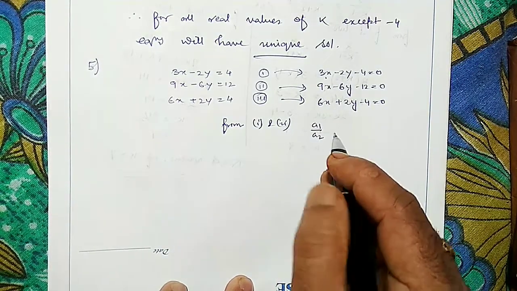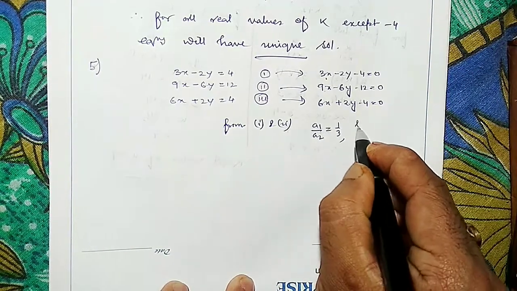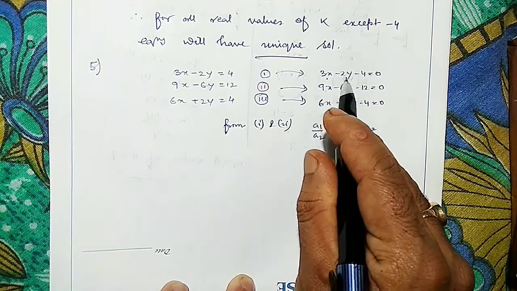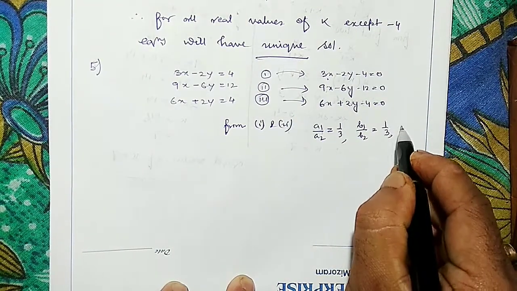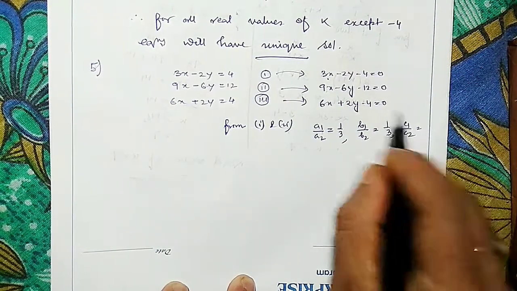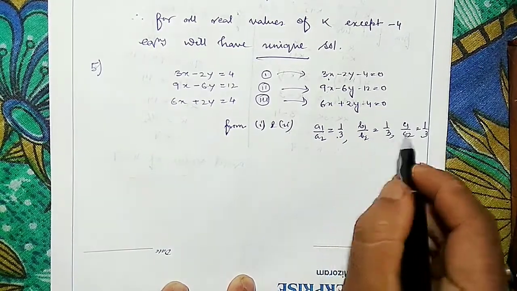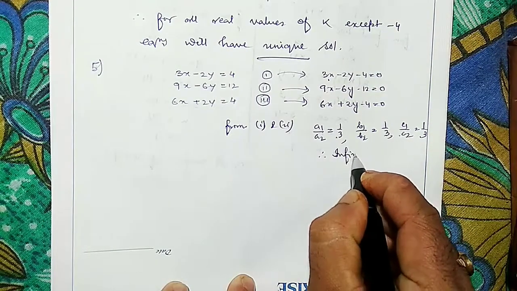That means a1 by a2 will be 1 by 3. What is b1 by b2? b1 by b2 equals minus 2 by minus 6. If I cancel, I am going to get 1 by 3. And c1 by c2 also, minus 4 by minus 12, that will be 1 by 3. Since all these 3 are equal, therefore, it will give you infinite number of solutions.